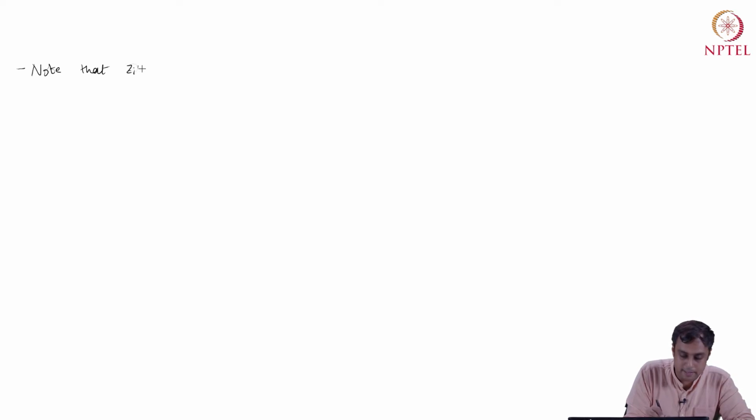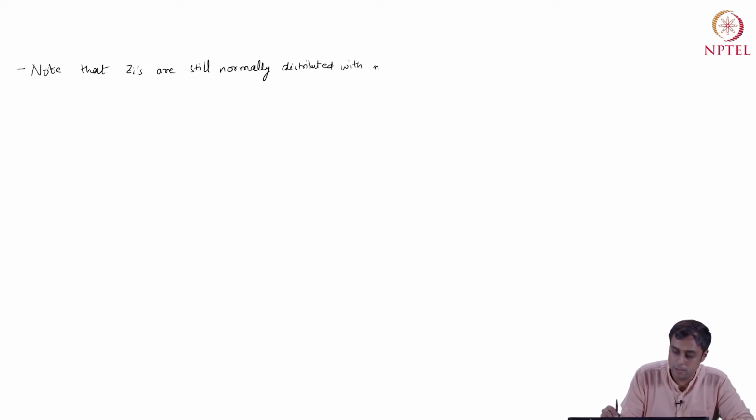Okay, so note that the Zi's are still normally distributed with mean mu and variance sigma squared.